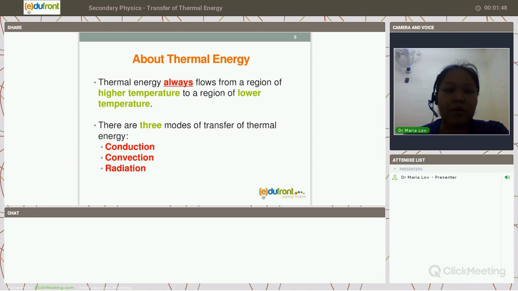Something to take note about thermal energy is that it always flows from a region of higher temperature to a region of lower temperature. And there are three modes of energy transfer, and that is by conduction, convection, and radiation.